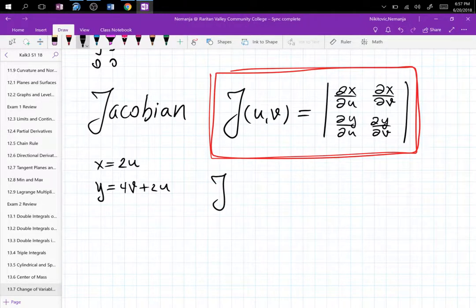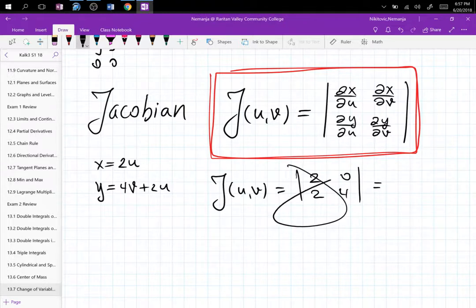So the partial derivative of x in respect to u is 2, of x in respect to v is 0, of y in respect to u is 2, and finally of y in respect to v is 4.